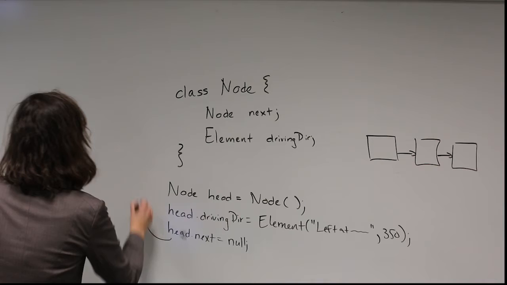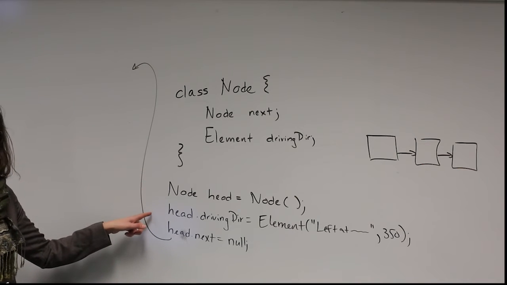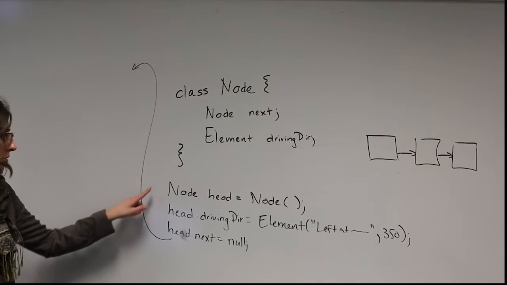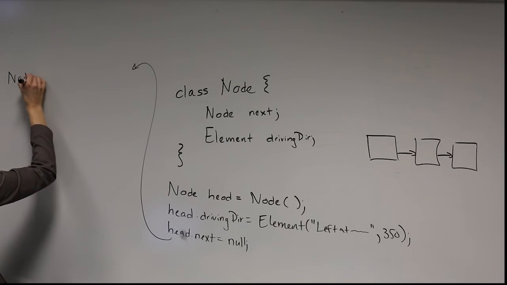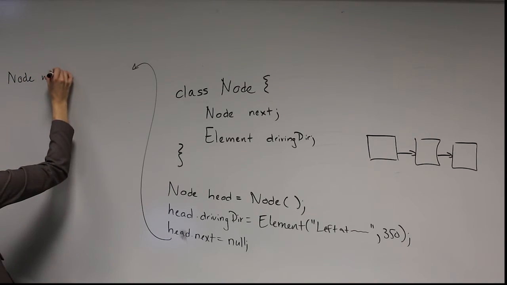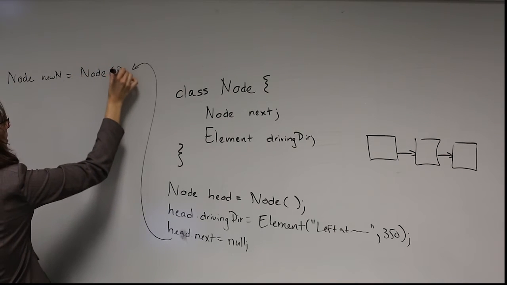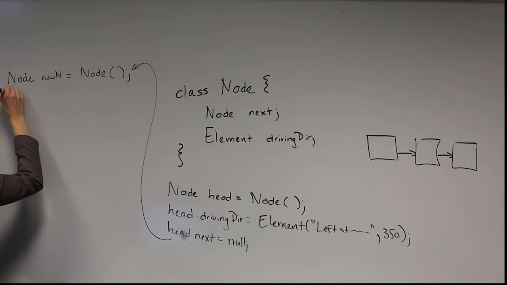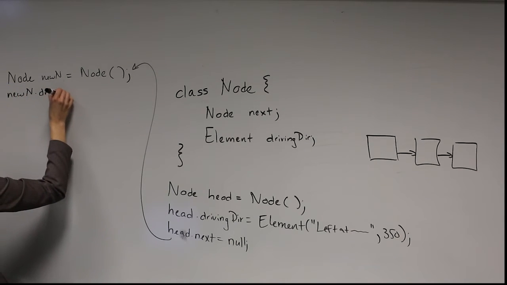So I'll just draw that up here. How do I create a node? Did I already create a node here? Do you guys know how to do that? Just presumably call some constructor. Node, new node, node. Let's set its driving direction.